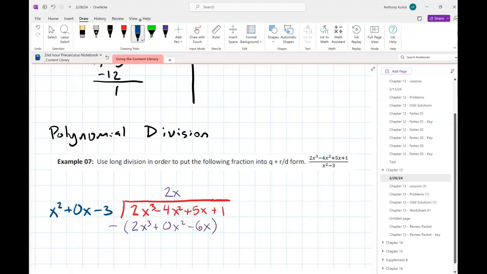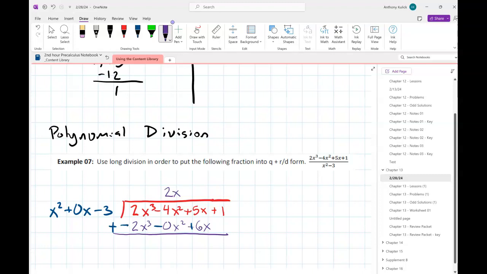So I'm going to actually distribute the negative before I do anything. And I'm going to think about this as adding and distribute my negative through. Everybody's okay? So 2x cubed plus a negative 2x cubed is 0.